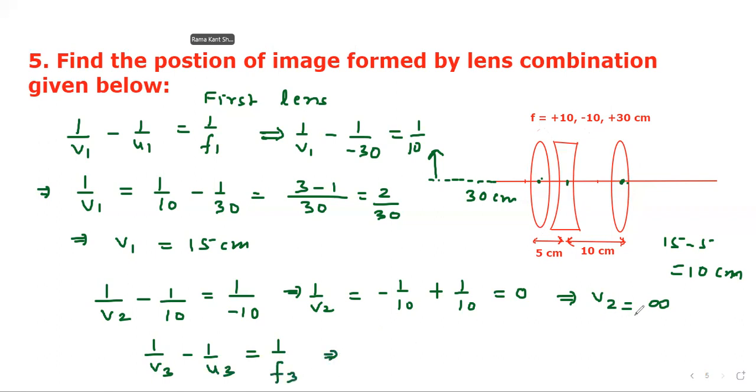This time position of the object is at infinity, so 1 upon V3 equal to minus 1 upon infinity plus 1 upon focal length 30. So this will give V3 equal to 30 centimeter. So final image is formed 30 centimeter right of the third lens.